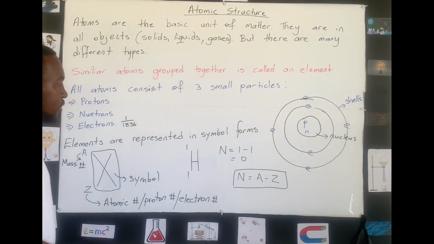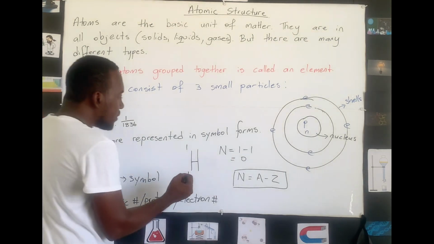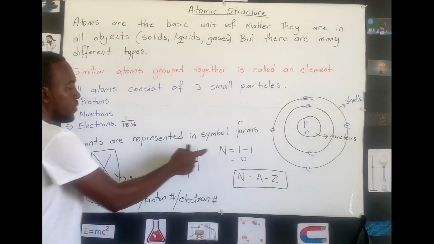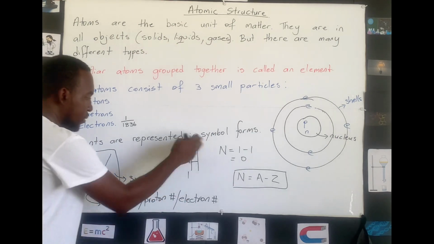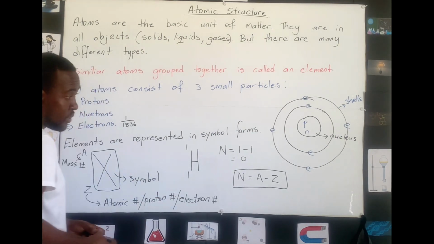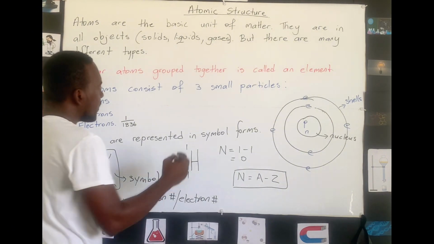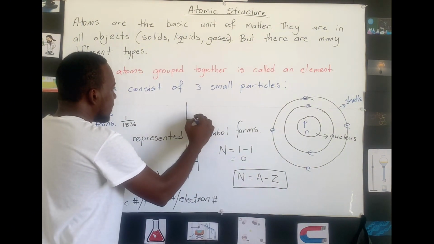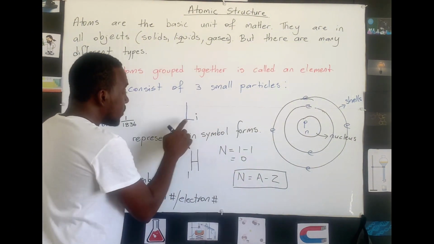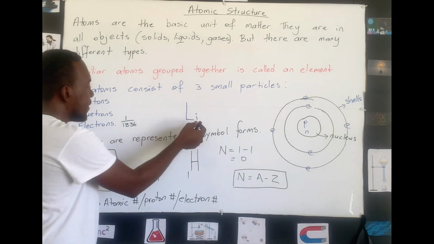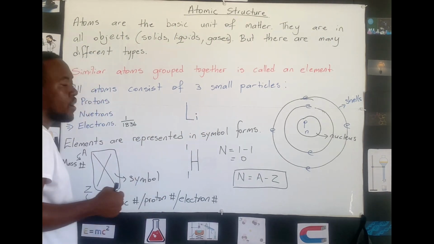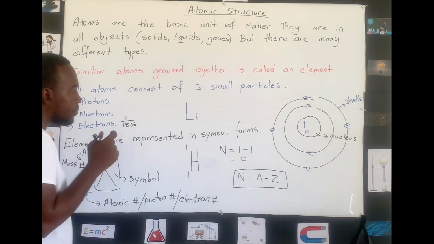Alright, so now we know how to identify how many protons, how many electrons, and how many neutrons, and we know the symbol. Let's do another one. If we look at lithium, lithium is Li. Notice the first letter is capitalized, and the second letter is a small letter, which is important.